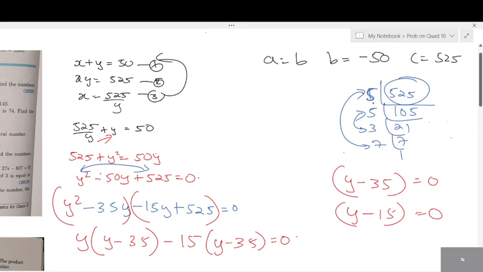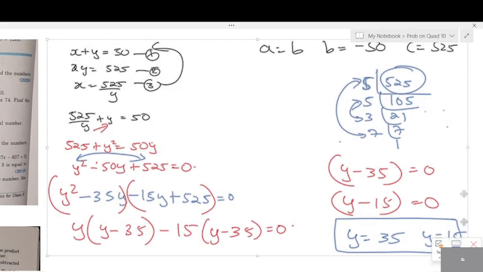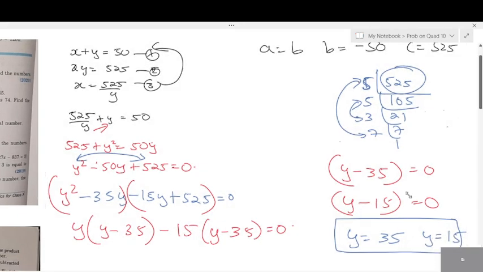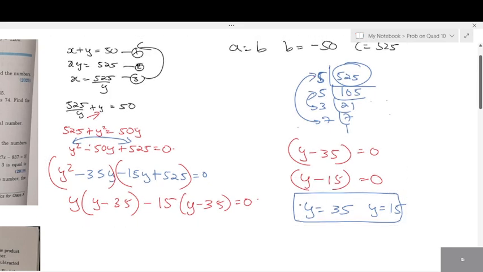If you're not getting confused, you can try pairing one number at a time. Y is equal to 35, y is equal to 15. So these are the two numbers we have taken. Y has two numbers, 35 and 15, both positive. Use any one number to substitute in this equation. Let me take y as 35.